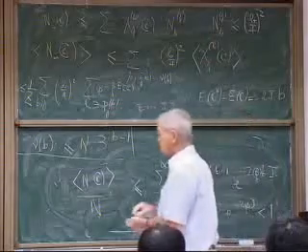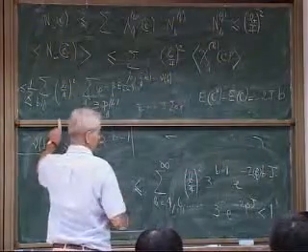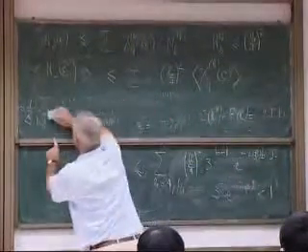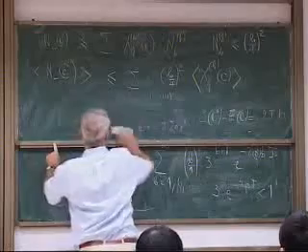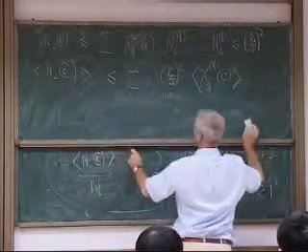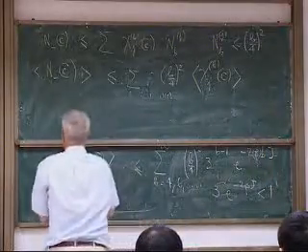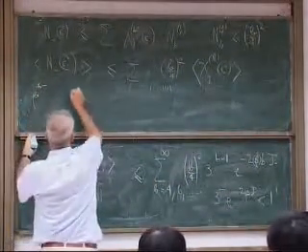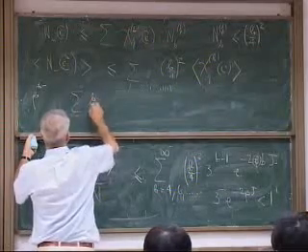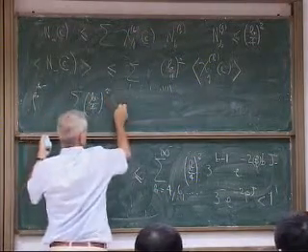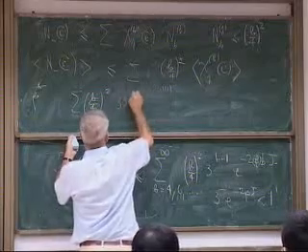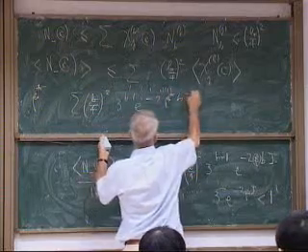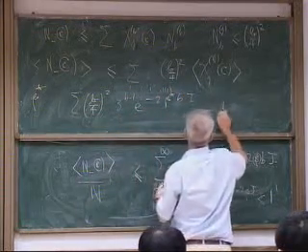And there is a temperature beta star at which this sum is equal to 1/2.